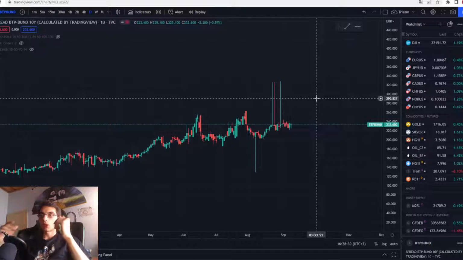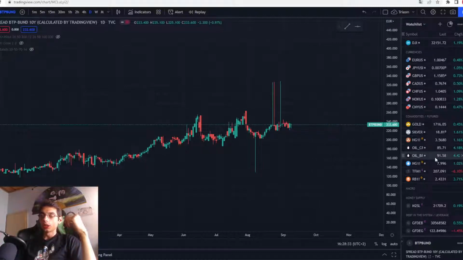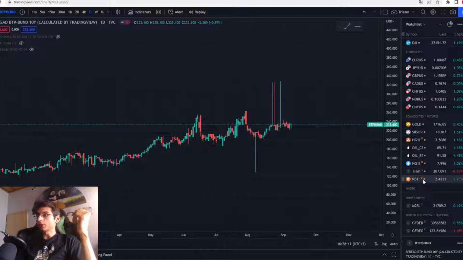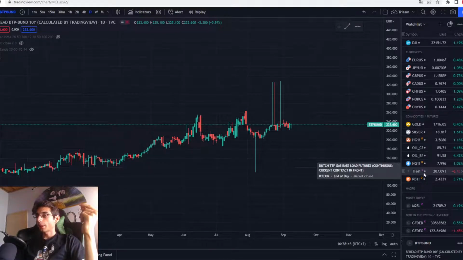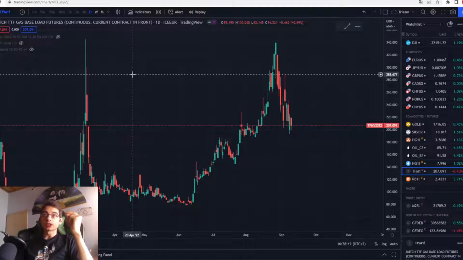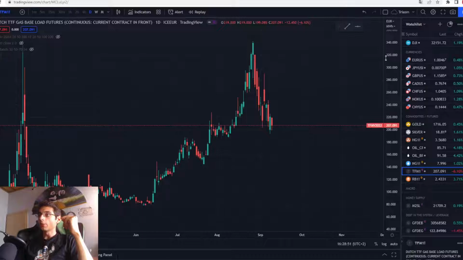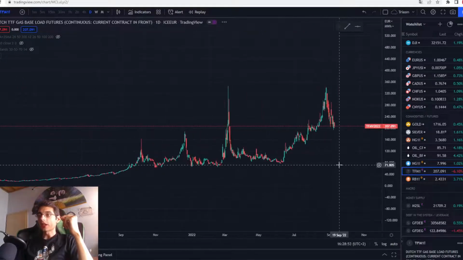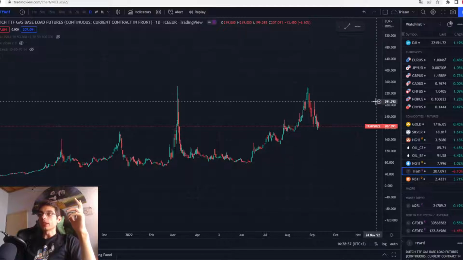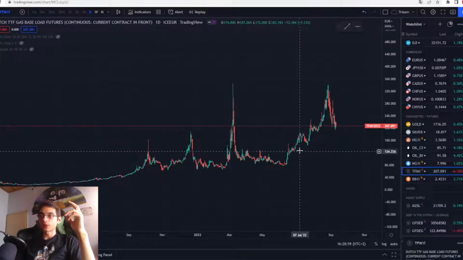So we should watch this winter, especially in Europe, because the rising cost of the material itself is going higher. And you see, this is, for example, the Dutch TTF gas-based load future. This is the price of the gas from the Dutch side. This is an ETF, more or less, and it is very high.